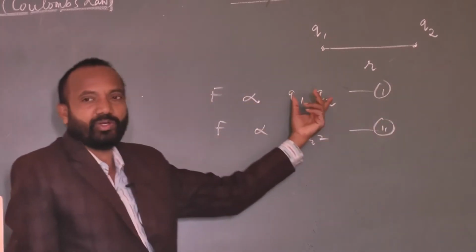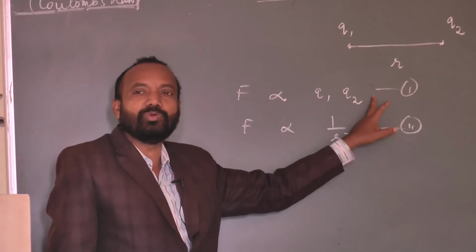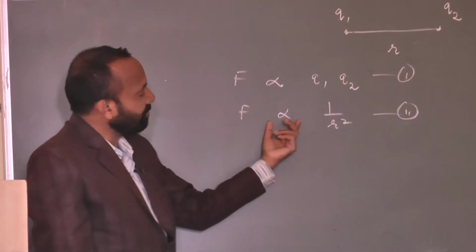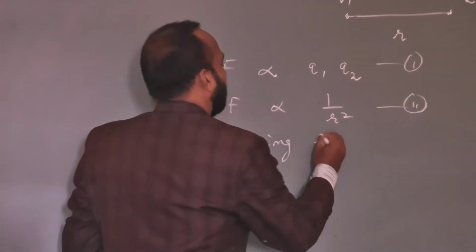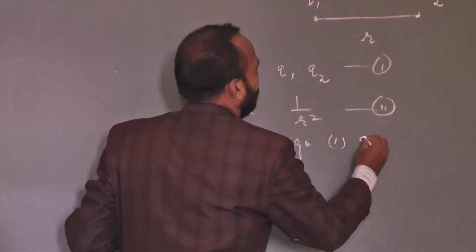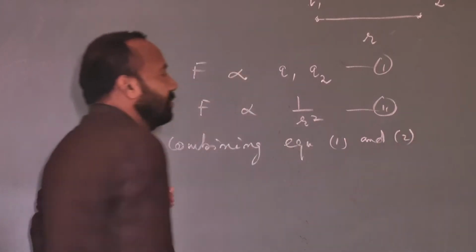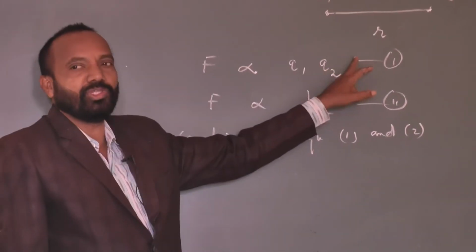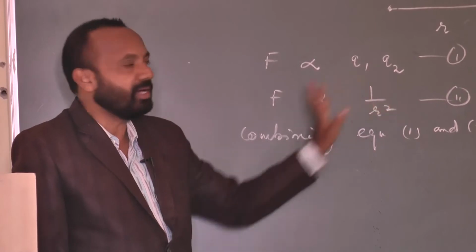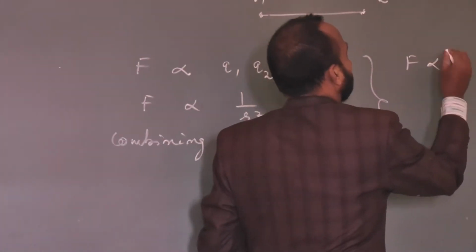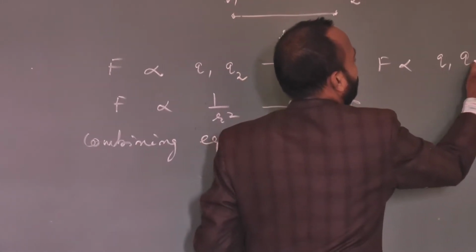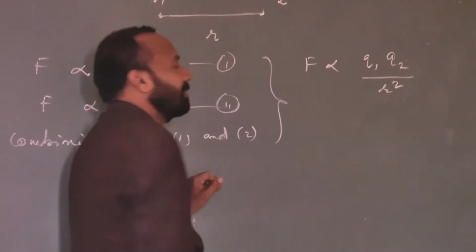So we get two equations: F is proportional to Q1 Q2, this is the first equation, and F is proportional to 1 by r square is the second equation. If we combine equations 1 and 2, what will we get? F is proportional to Q1 Q2 upon r square.